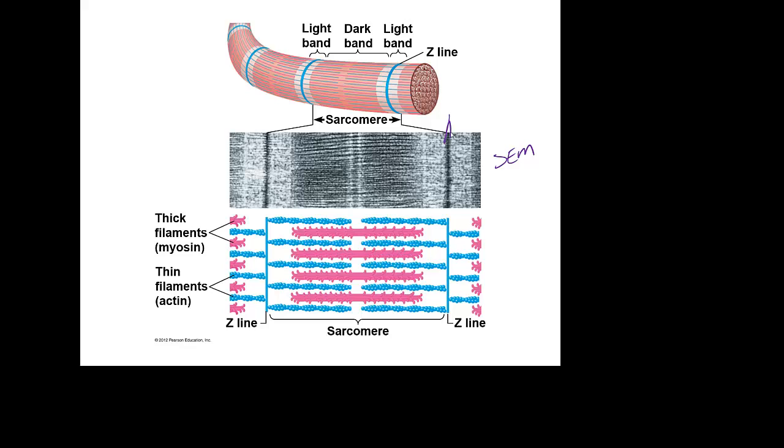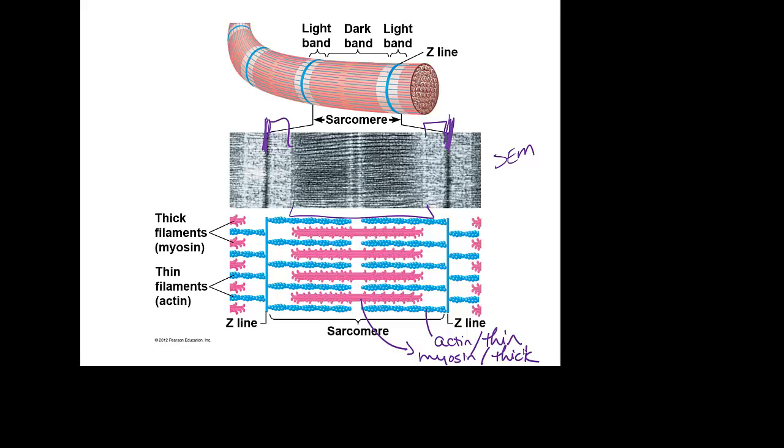We've got these lines that form, and that's what forms our striations on our muscles. But we also have this kind of dark area in the middle and these lighter areas on the outside, and they literally are labeled light and dark band based on that. But what we're interested in is the blue being the actin or the thin filaments, and the pink being the myosin or the thick filaments.